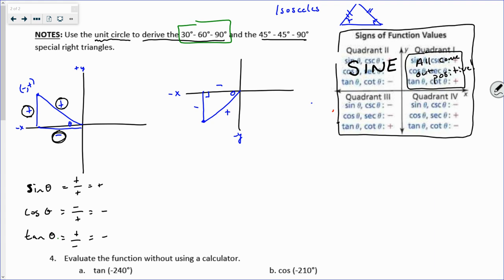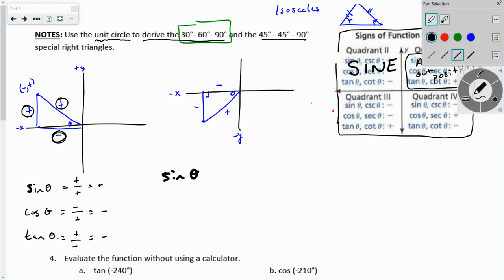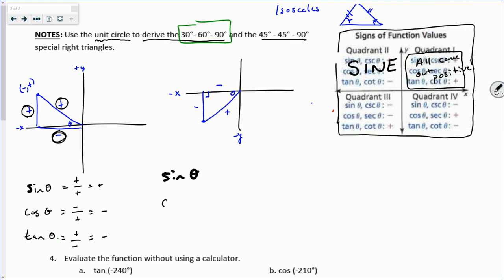But now we start thinking sine, cosine and tangent. Opposite of the reference angle to the hypotenuse: negative over positive, which will come out negative.